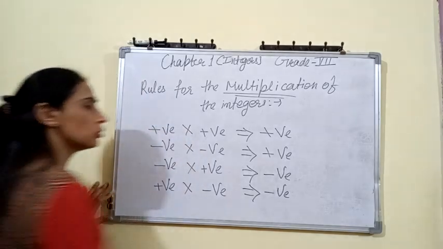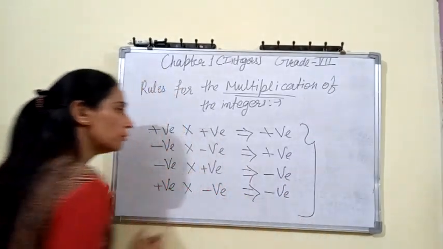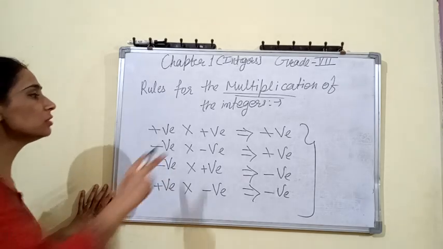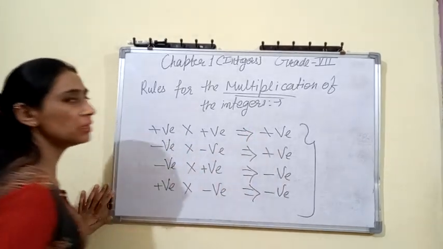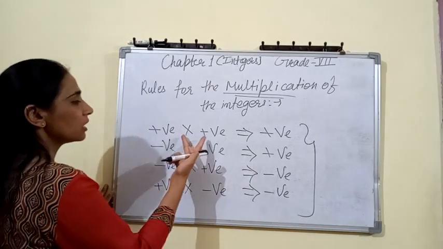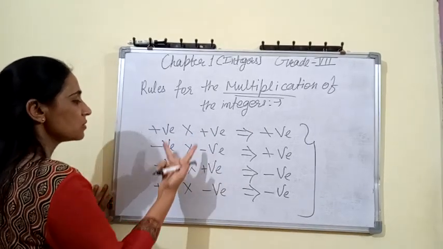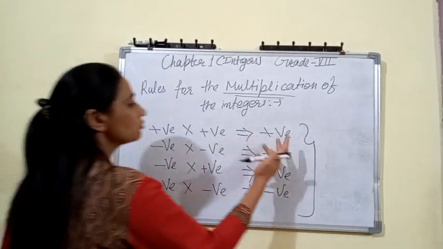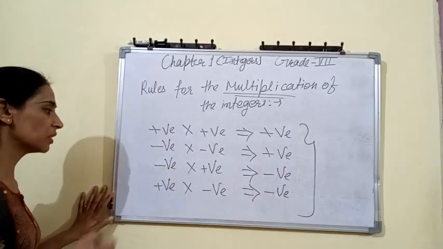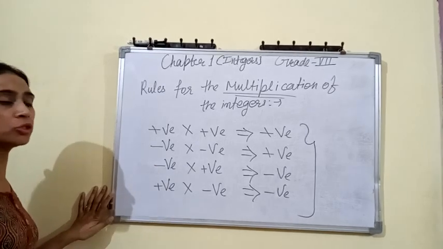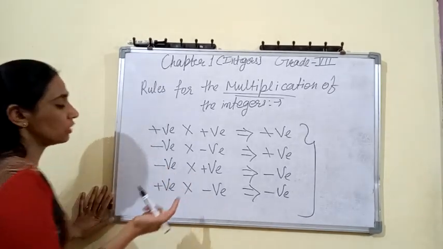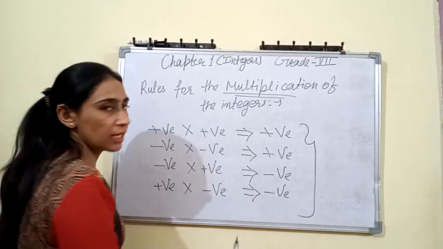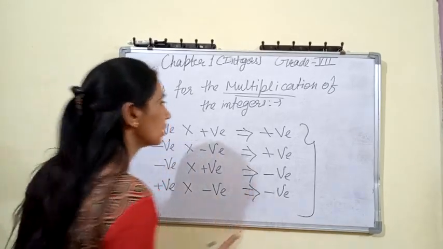Means when we are multiplying two numbers with the same sign, either plus or minus, we always get a positive number. When we are multiplying two integers with different signs, one negative and one positive, our answer will be negative. You have to learn only this thing here.